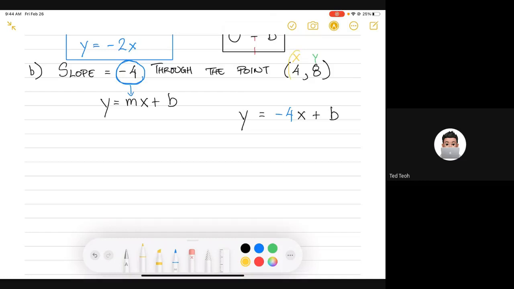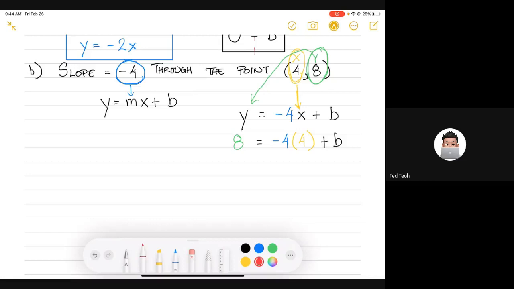From here, I'm going to take this x value and sub it into x, and take this y value and sub it into y. So my equation is going to look like this now: 8 equals -4 times 4, because x is going to be 4 now, plus b.